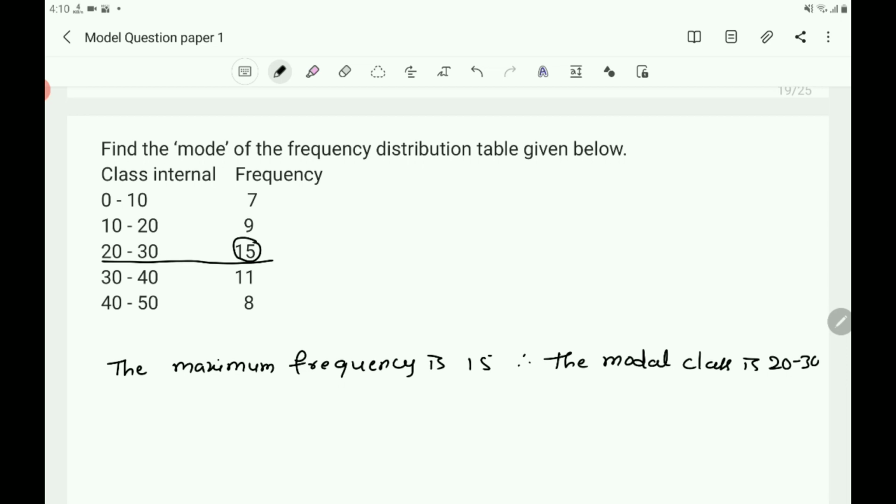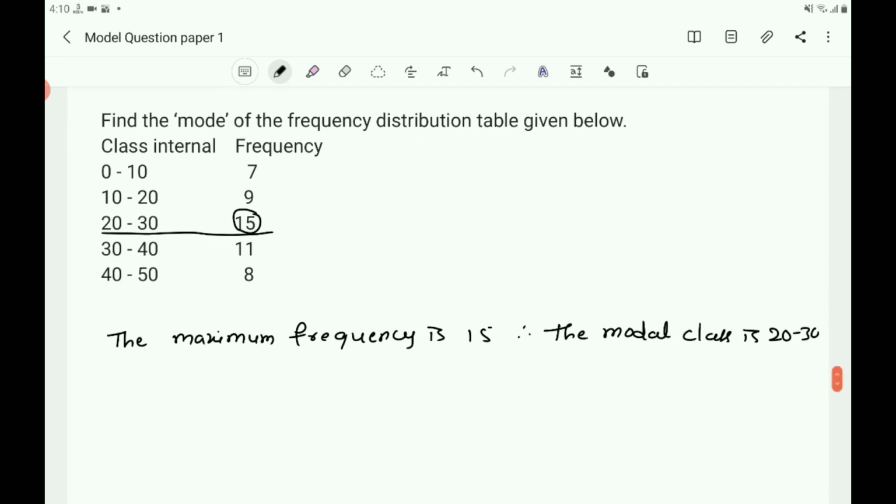Now, after that we have to find L, H, F1, F0 and F2. L is the lower limit of the modal class. So you write L equals 20, and H is the size of the class. Here all the class intervals have the same size, so H equals upper limit minus lower limit, 30 minus 20, that is 10.